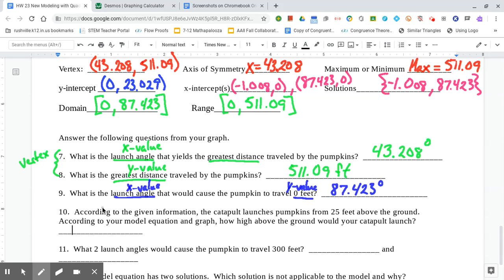Okay, and so another question would be, according to the given information, the catapult launches pumpkins from 25 feet above the ground. The catapults must be on a platform or somehow raised above the ground here. Our model gets away from that just a little bit, not by much. And so we think back to, where would this 25 feet occur? Well, it'd be your starting height.